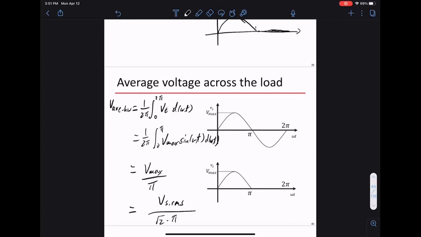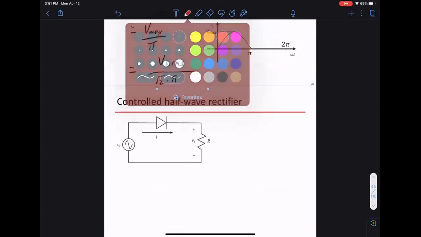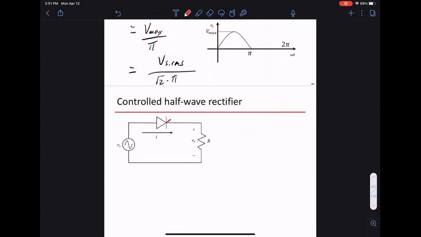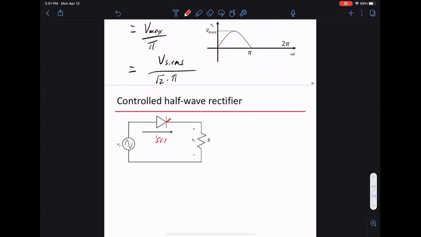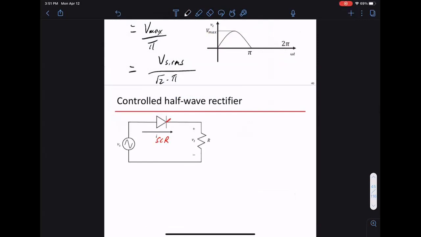Now, as we said, we want to control this. So next, let's look at a controlled half-wave rectifier. We're going to make this an SCR, silicon controlled rectifier, and take only part of the waveform.